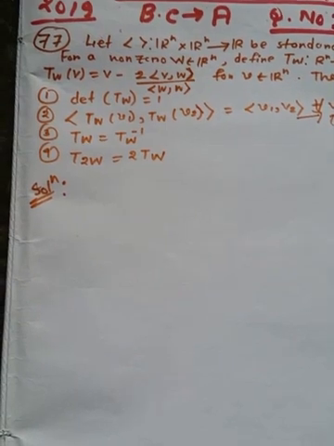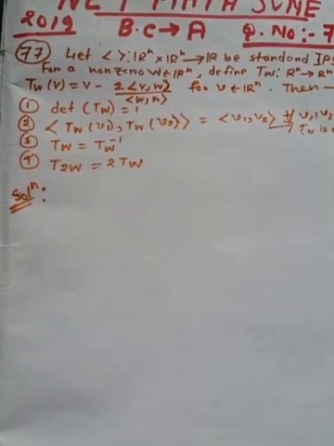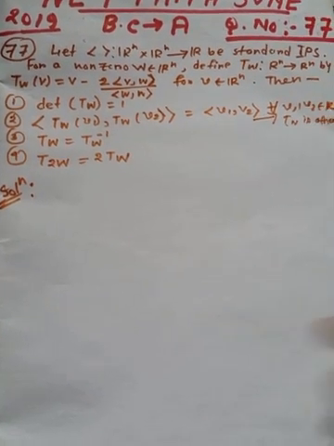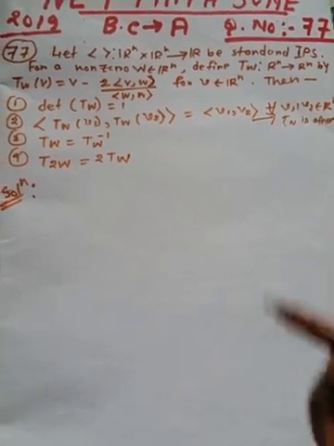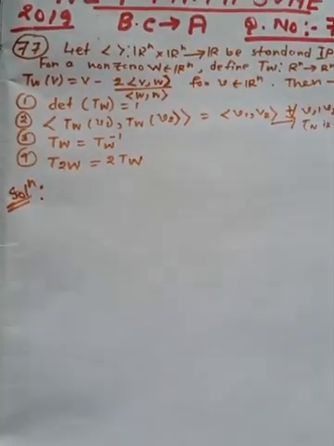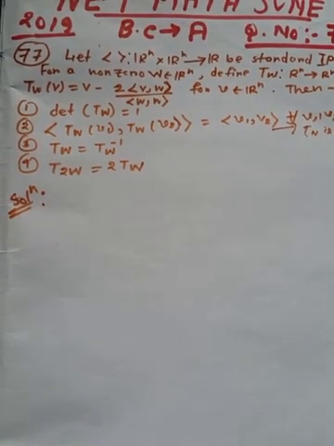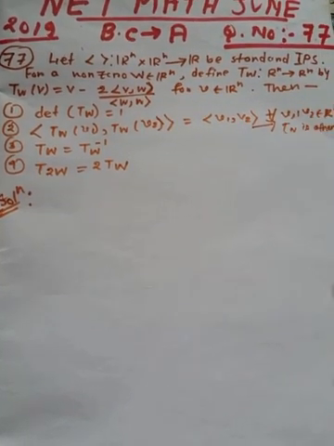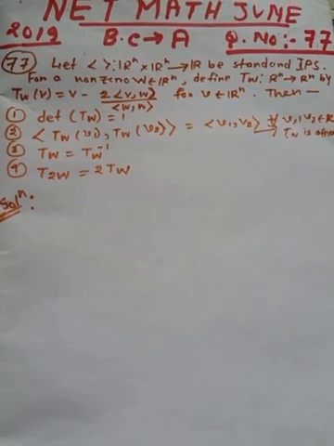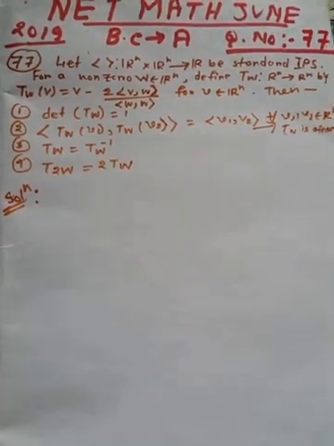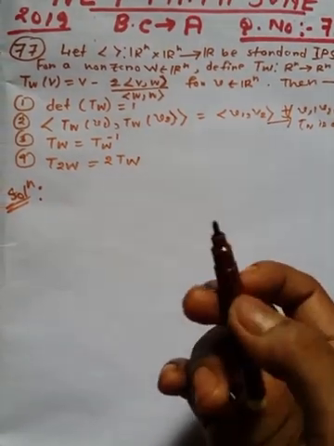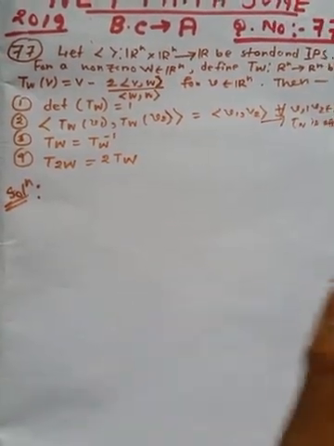This is a very important question from linear algebra, basically from the inner product space. So what will we determine first? The matrix representation of TW. We determine the matrix of TW here and check all the options.